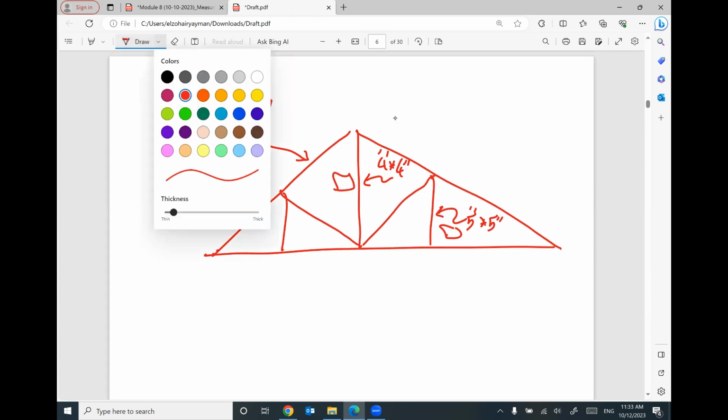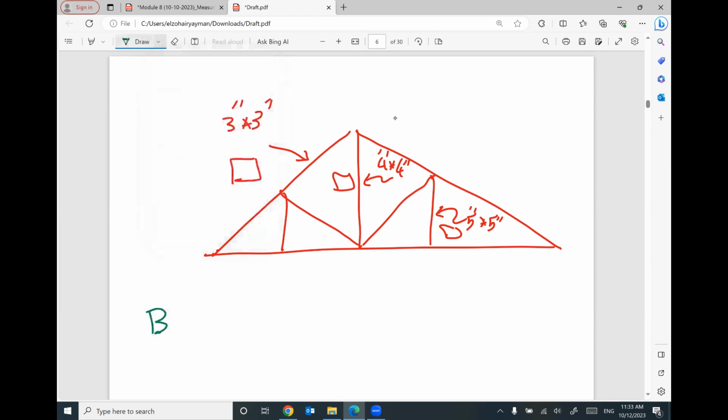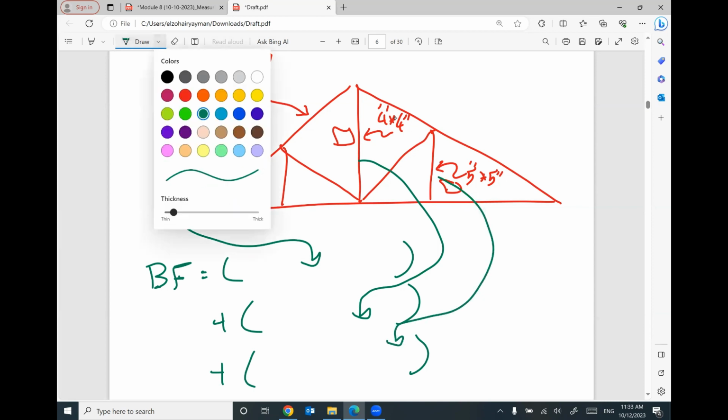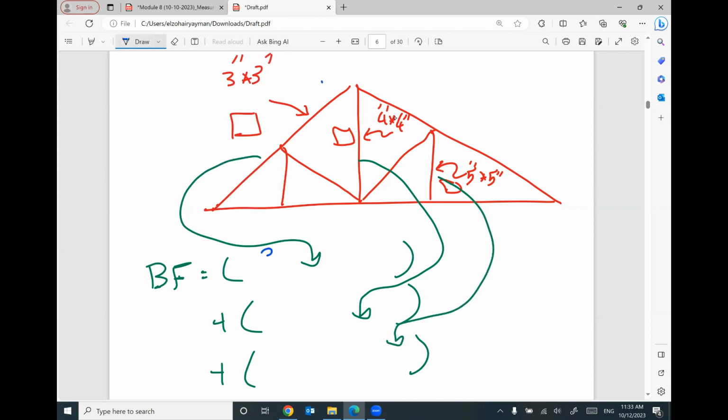So if you would like to figure out the board foot, you need to consider each member alone. So these members plus these members plus these members: you multiply 3 by 3 by the lengths of these members divided by 12. These members will be 4 by 4 by their lengths divided by 12.